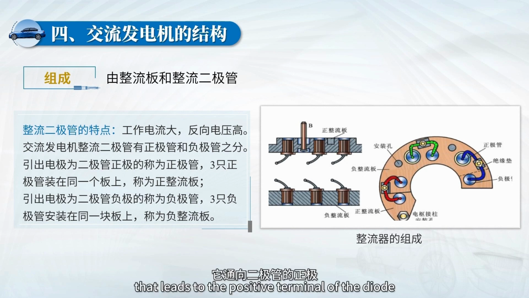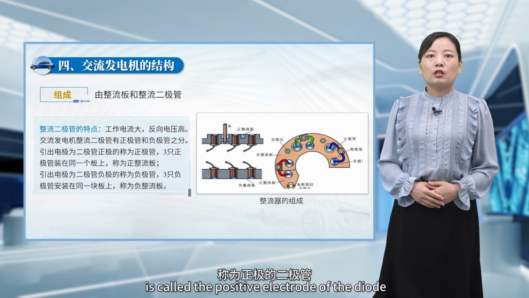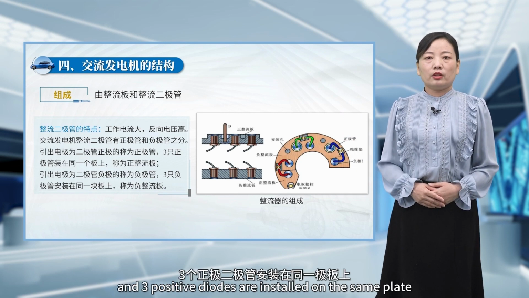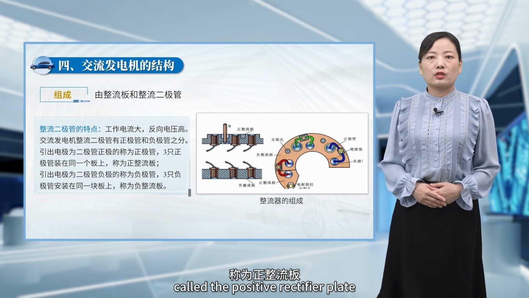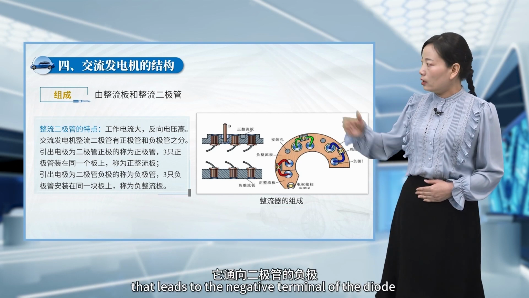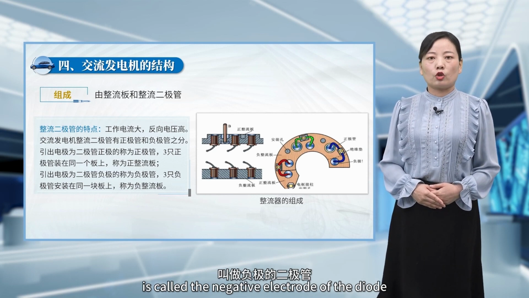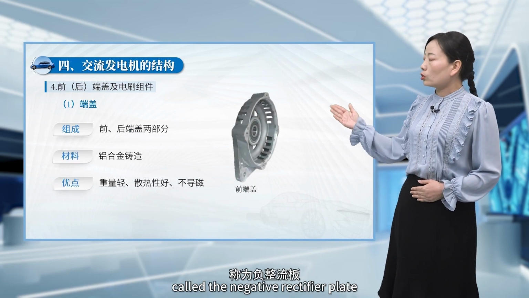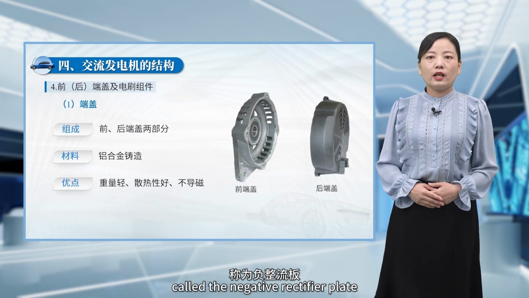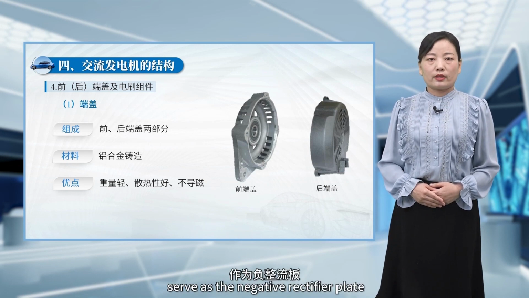The electrode that leads to the positive terminal of the diode is called the positive electrode of the diode, and 3 positive diodes are installed on the same plate, called the positive rectifier plate. The electrode that leads to the negative terminal of the diode is called the negative electrode of the diode, and 3 negative diodes are mounted on the same plate, called the negative rectifier plate. The rear end cap can also serve as the negative rectifier plate.